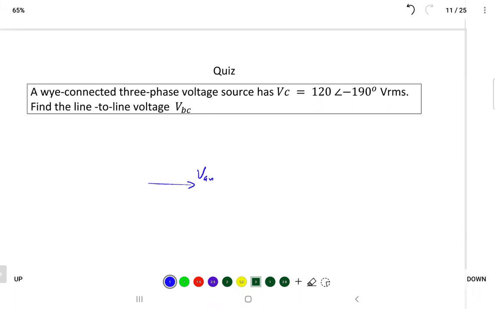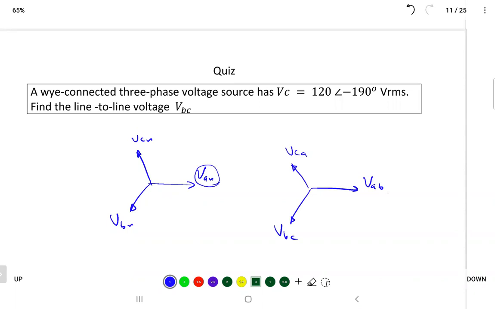That's VAN, and that's VBN, and that's VCN. That's the phase. When you make the line, what will you get? You'll get VAB, right? VBC, VCA.